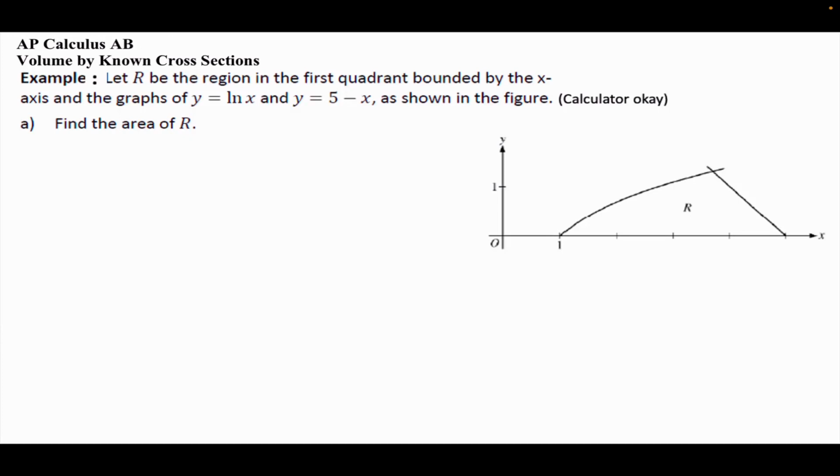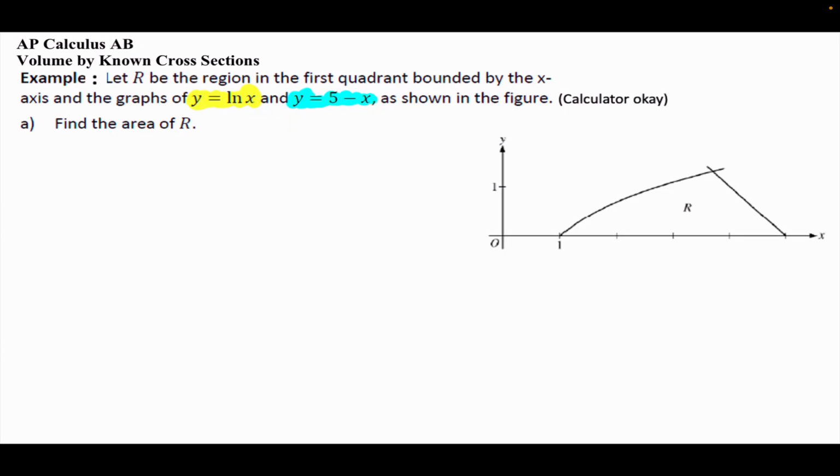Y equals natural log is a curve. Y equals 5 minus x is a straight line. If you didn't know, put them both into your calculator and it color codes it for you. It's a calculator question.